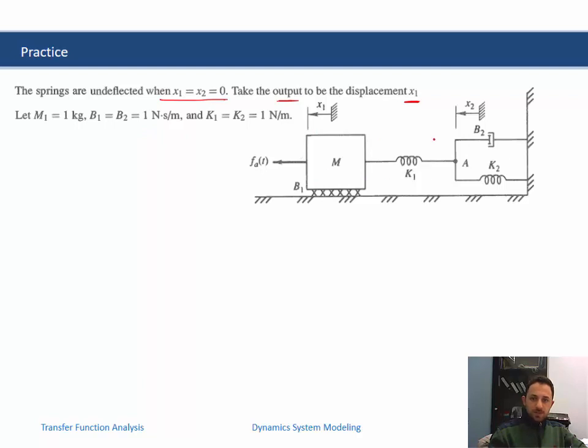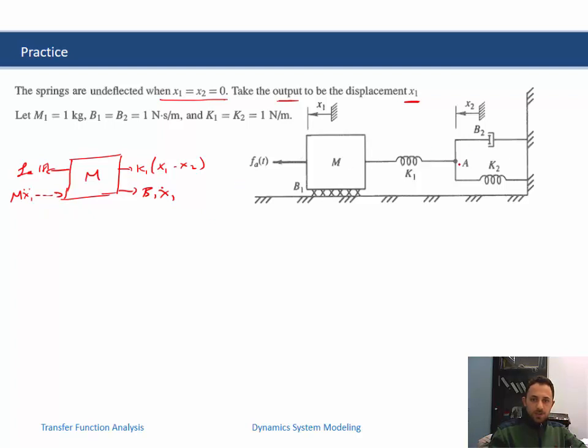So the first step, we draw the free body diagram as we have done in previous sessions. This is the mass, f of t, we have k1 times (x1 minus x2), the friction, and the D'Alembert force.